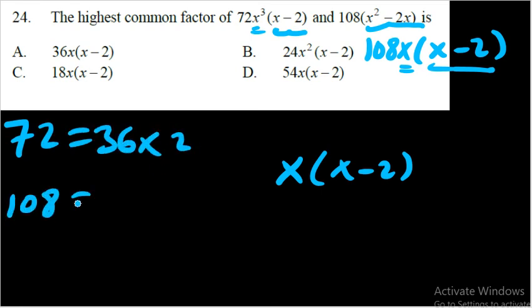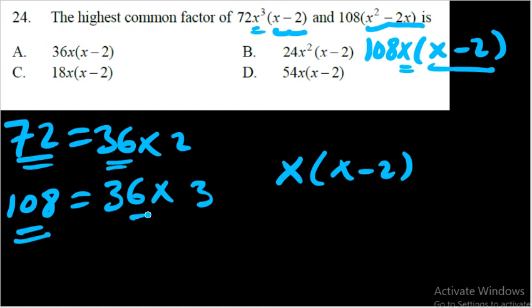What about 108? It is the same as 36 multiplied by 3. Because in 72 and in 108, there is 36 in both. One times 2, the other one times 3. So the common number for both will be 36. So 36, the x in bracket, x minus 2 will be the highest common factor, which is found at A.